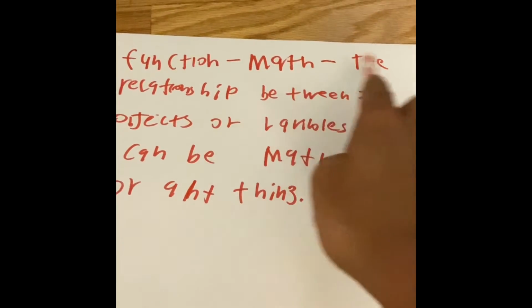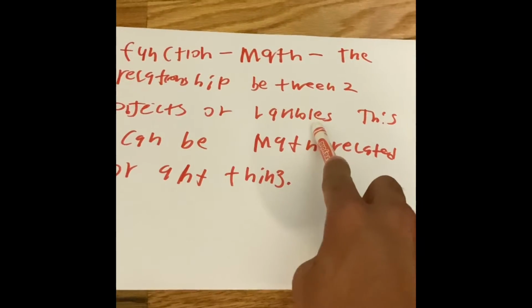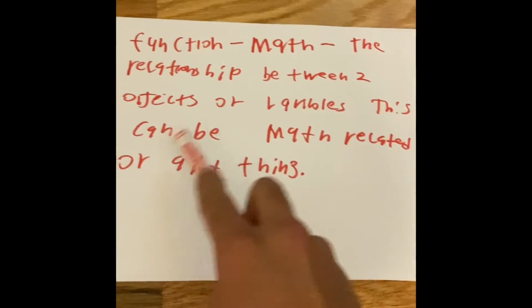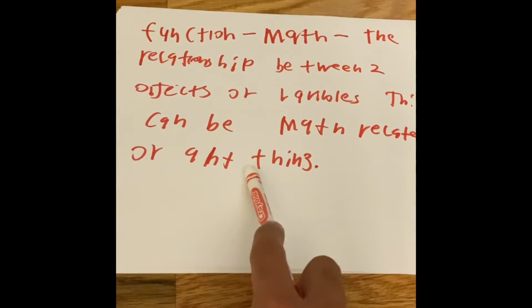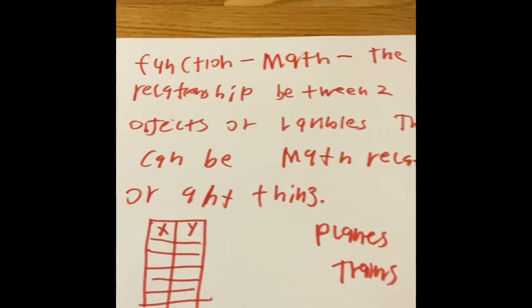Function, math: the relationship between two objects or variables, and this can be math-related or pretty much anything. So pretty much that anything can be a bunch of markers, a bunch of cars and limousines, TV and video games, and pretty much anything else you can imagine.